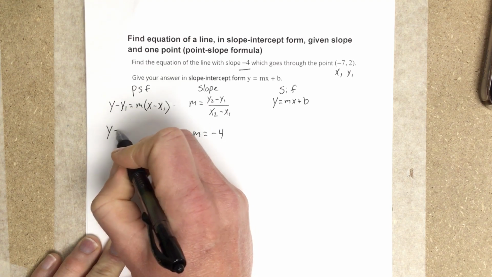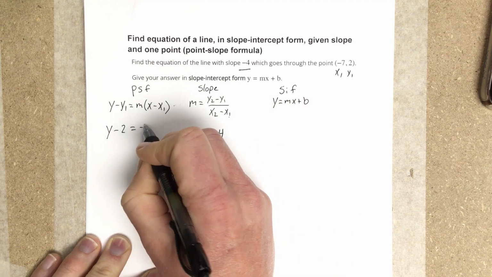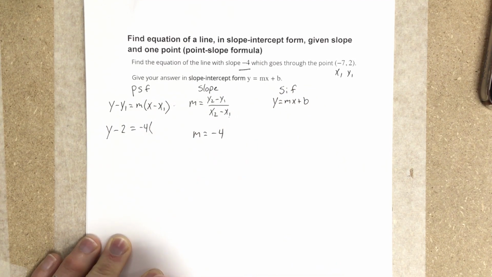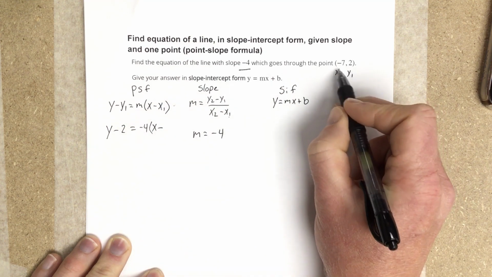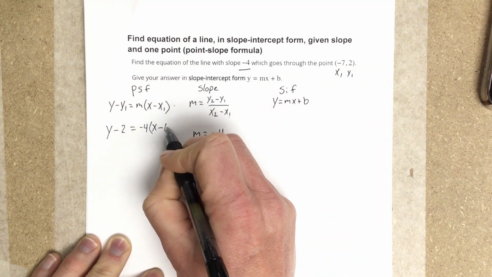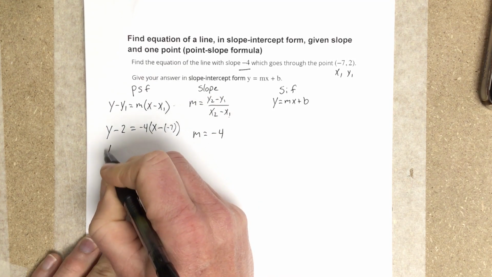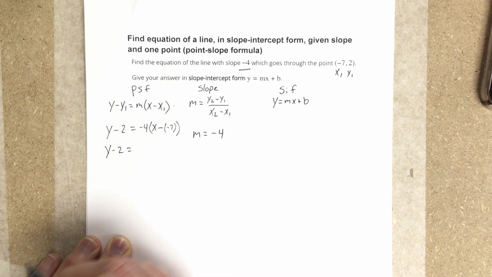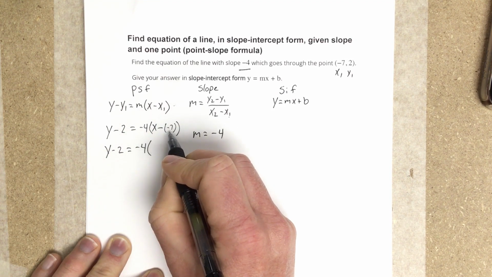And we're going to plug those into this equation. So we have y minus 2 is equal to -4 because of the slope, times x minus x1, which is -7. So I'll put parentheses, -7 here. I have y minus 2 equals -4 times x plus 7.